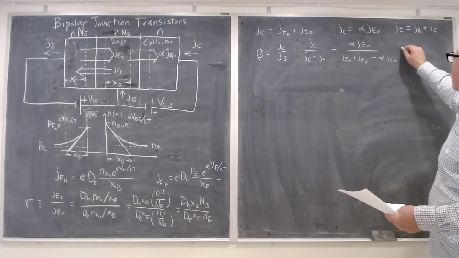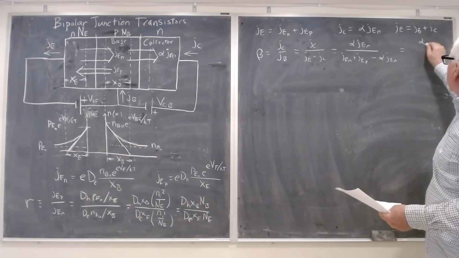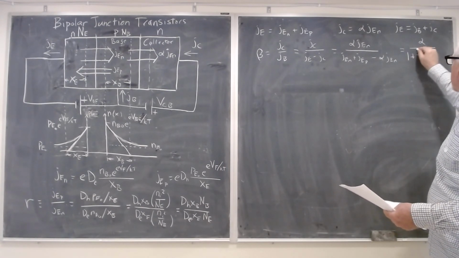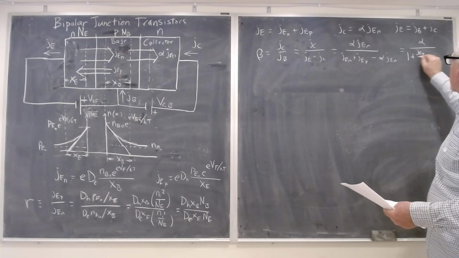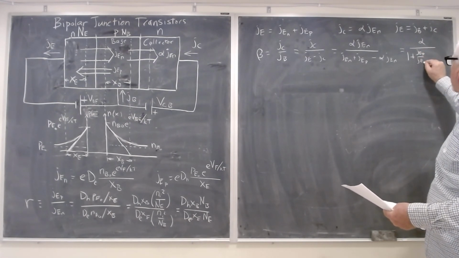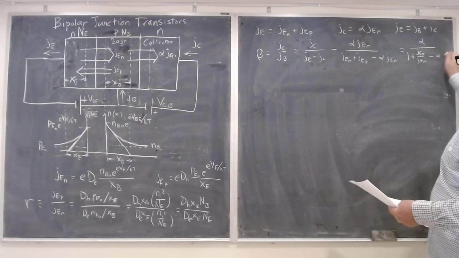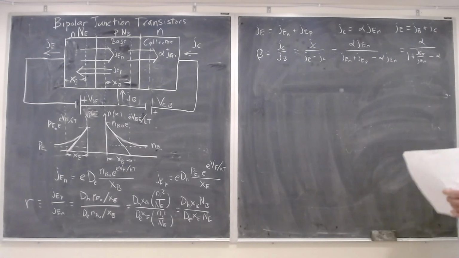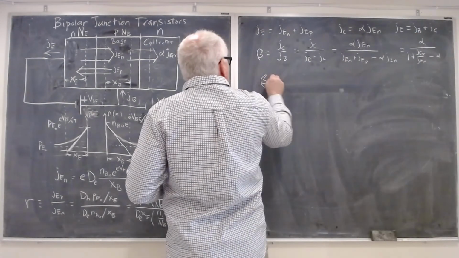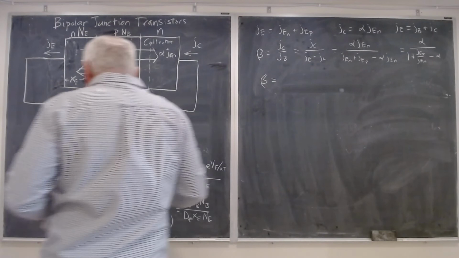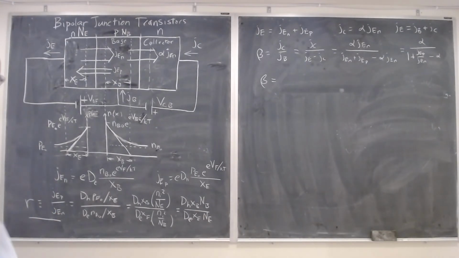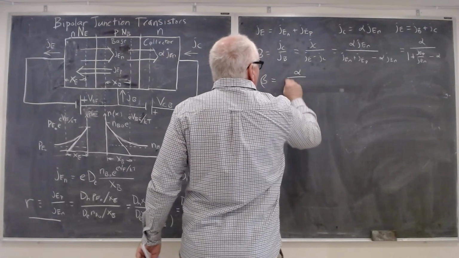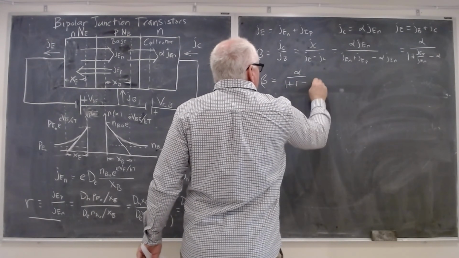What I'm going to do is divide by JEN, so this becomes alpha over 1 plus JEP over JEN minus alpha. All right, I just divided by JEN. And so beta, just plugging in, is alpha over 1 plus R minus alpha.